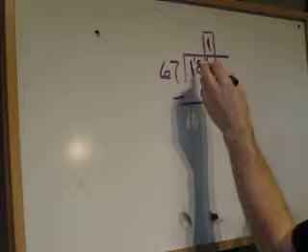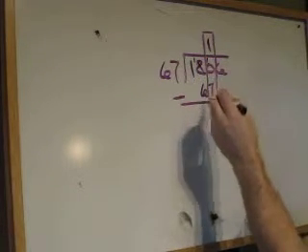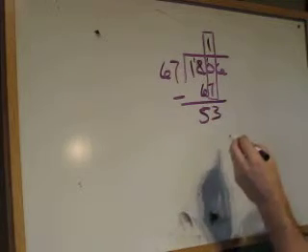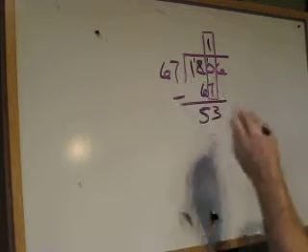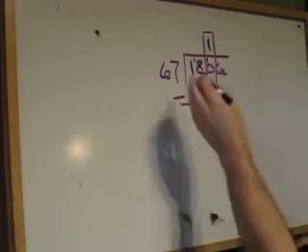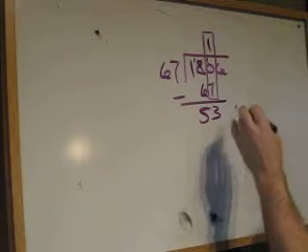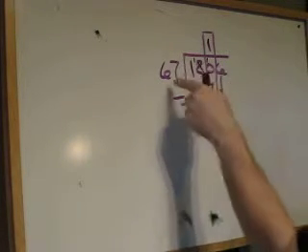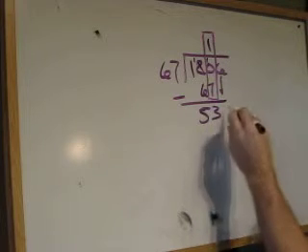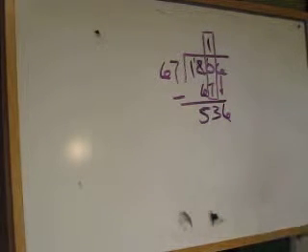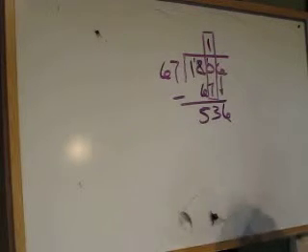We've got 11 minus 6 is 5. And we get 53. 53 is less than 67, so that is good. We want it to be less. And we bring down the 6 because we can't divide 67 into 53, so we bring the 6 down. Now we have to figure out how many times 67 goes into 536.